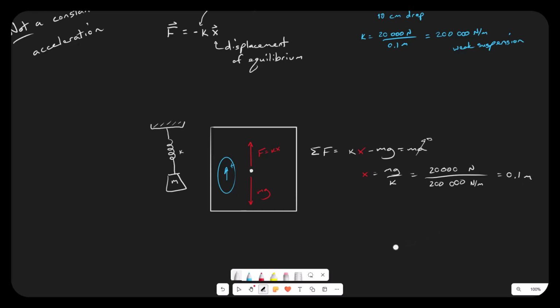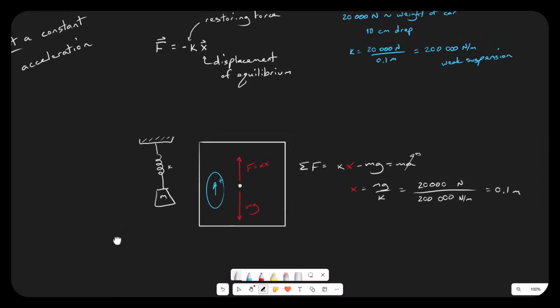So I can get there that way. I'm not going to use this to find the acceleration of a system very much at all because it's not a constant acceleration. I can't do anything with it. I will use springs again when I start to get into energy, but for right now, that's a pretty good example of what we're doing.